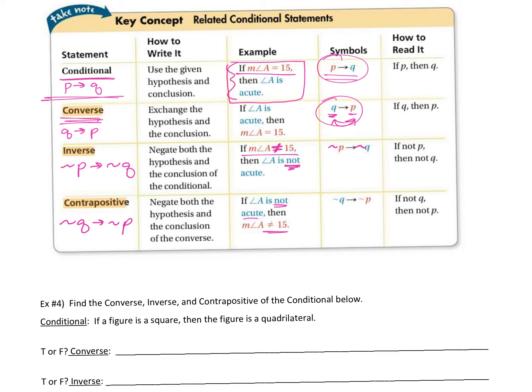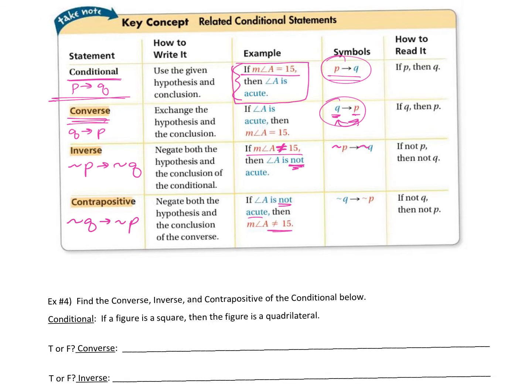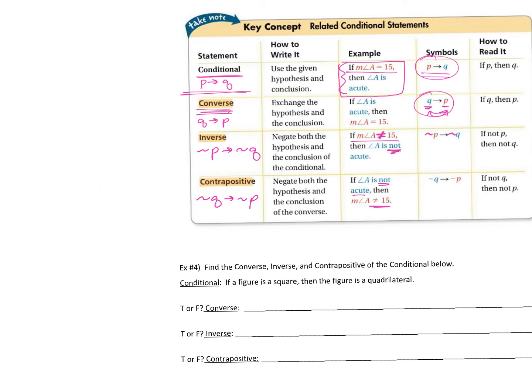Here's the deal. Any of these can be true or any of these can be false, but there is a relationship between some of them. Here's what I want you to see. If the conditional is true, then the contrapositive is going to be true also. These will have the same truth value.